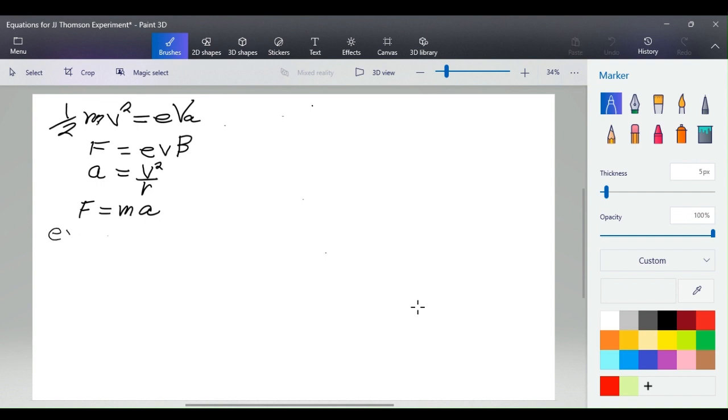The v is the velocity of the electron. And B is the magnetic field. And force equals mass times acceleration, then that means mass times the v squared over r. Let me put parentheses around that to make it look pretty. Anyway, that is the force equals mass times acceleration.